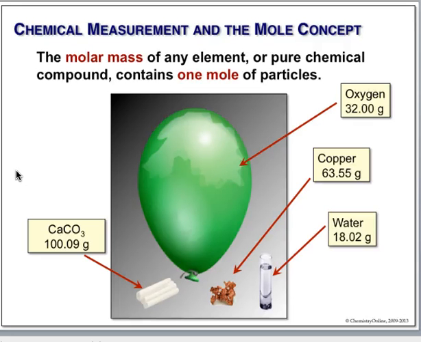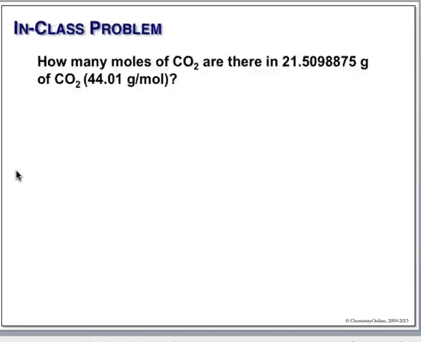Both of those contain the same number of molecules, don't they? And so that's how we're going to do what we call stoichiometry. Stoichiometry is a wonderful word. You can say it to your friends, they'll be so impressed. We'll do this in chapter 6.